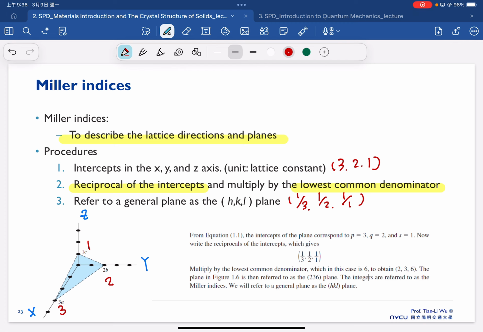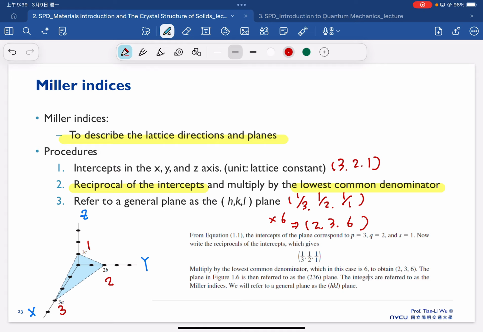But we are interested in pure integer numbers, so we multiply by the lowest common denominator, which is 6. Then we get 2, 3, 6.